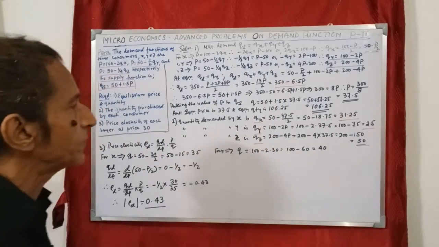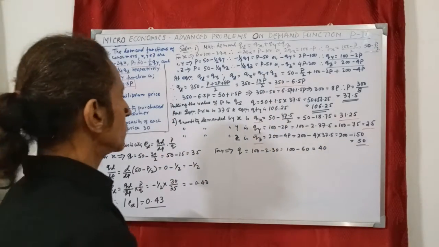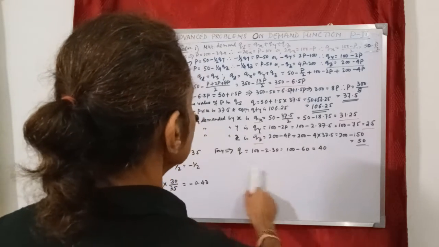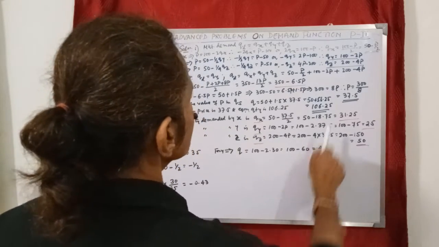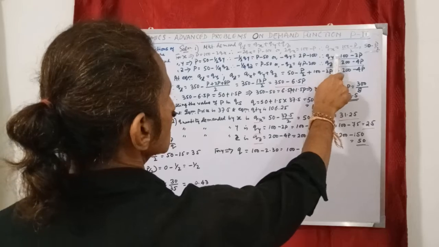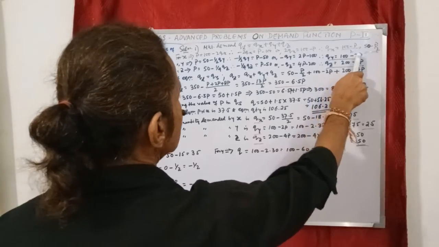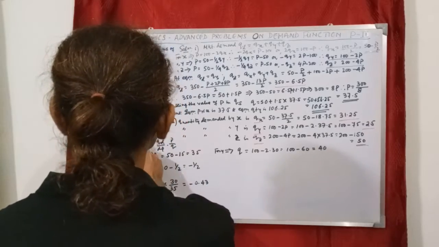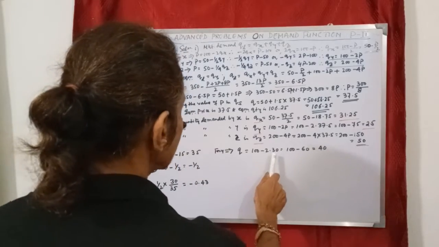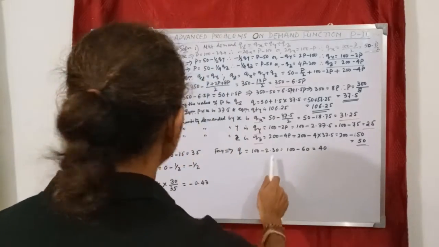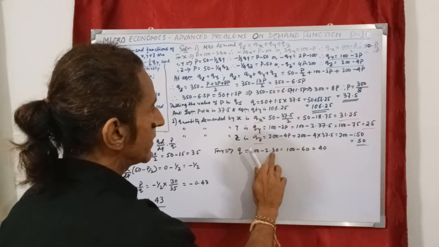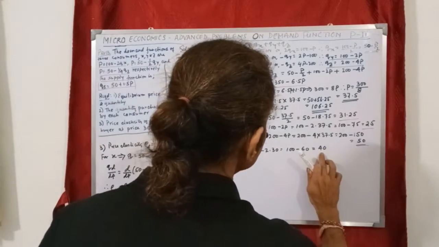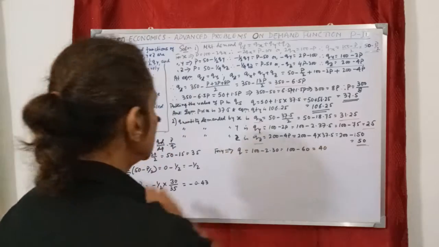So at price P, individual Y is purchasing quantity 40. This is the demand function of Y, 100 minus 2P. We have put 30 in place of P, so 100 minus 60 is 40. The 40 is Q for individual Y.